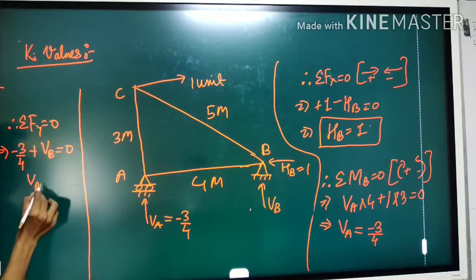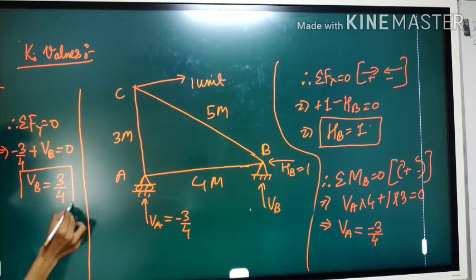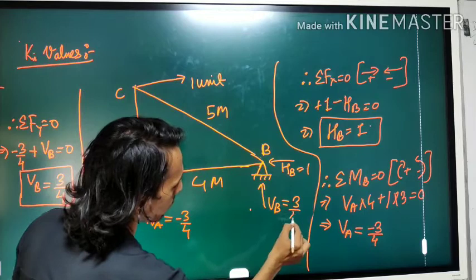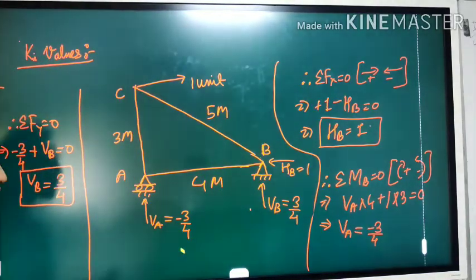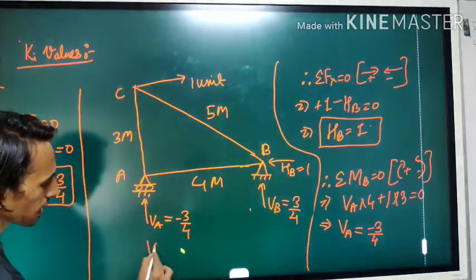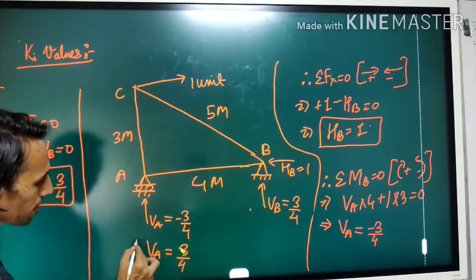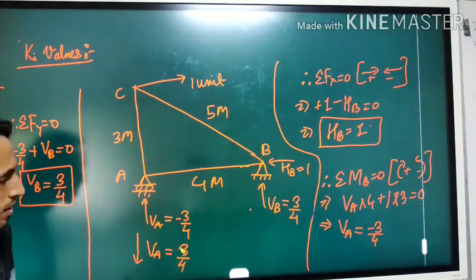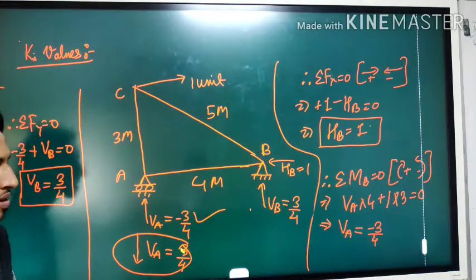From here I will find that the value of VB is 3 by 4. Or if you want to remove this, you can also write VA as equal to 3 by 4, and then indicate the direction downwards. I will be using this one only.